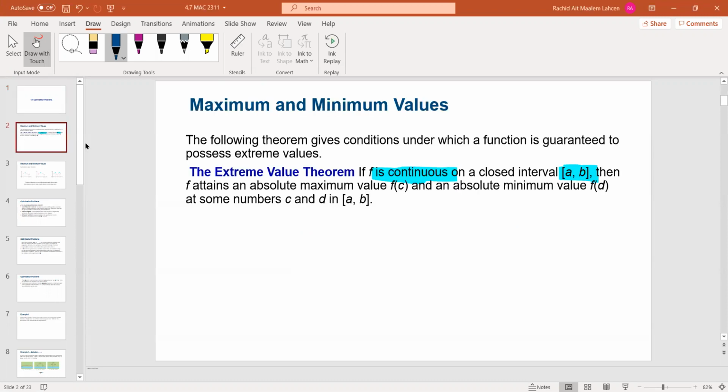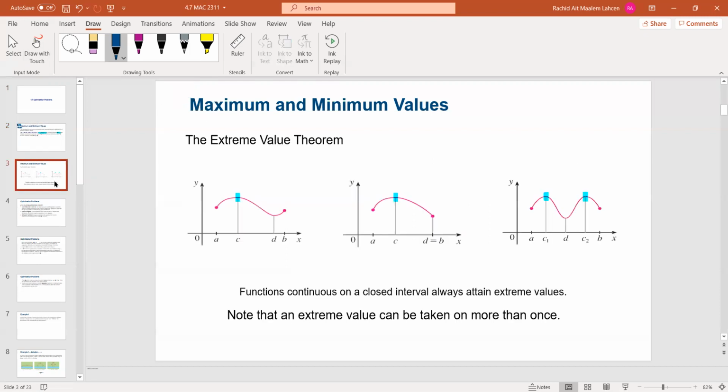If you look back into sections like 4.2 and 4.4 for a review, you'll see that the extreme value theorem says if f is continuous on a closed interval, then f attains an absolute maximum value f of c and an absolute minimum f of d at some numbers c and d in that interval [a, b]. And there was a picture like this to present the extreme value theorem.